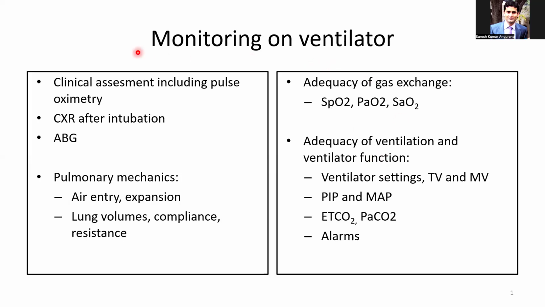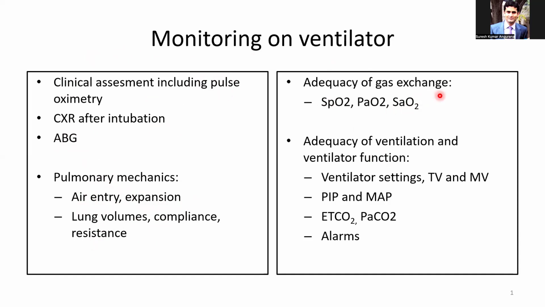So how to monitor a child on ventilator? Clinical assessment is very important. Oxygen saturation, chest X-ray after intubation, blood gas to see for oxygenation and ventilation status, and pulmonary mechanics. We can have some information about pulmonary mechanics if we are seeing air entry, chest expansion, lung volume, compliance, resistance; these are the numbers which are displayed on the ventilator.